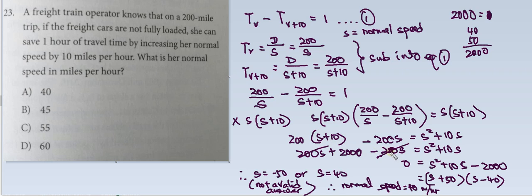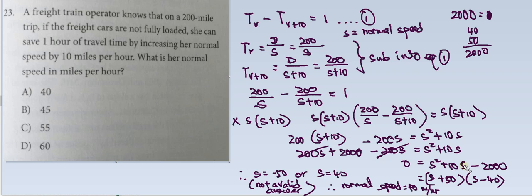Now you minus 200S also, so this one and this one cancel off. So you are left with 2000. Bring the 2000 to the right hand side. You get S squared plus 10S minus 2000, and this side becomes 0.